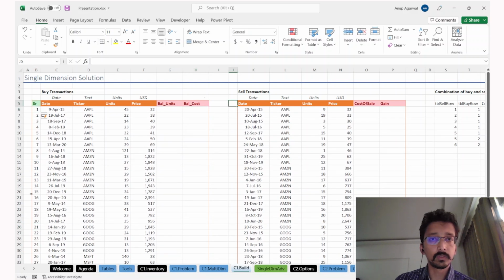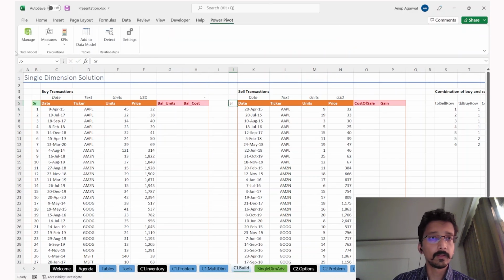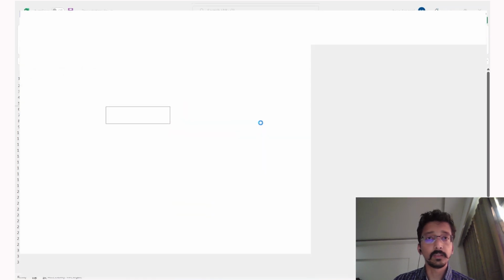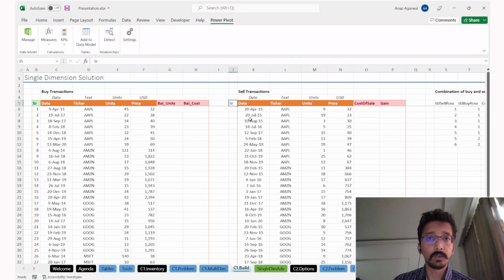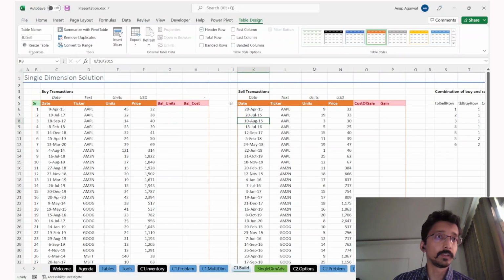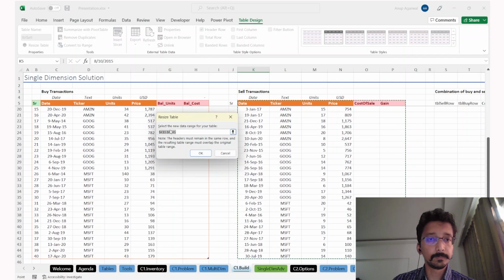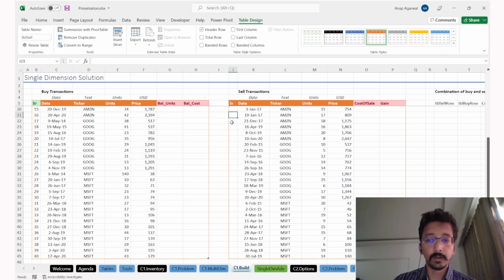And now I do the same thing over here. Let's say this time I type the header first. Yeah, that was a mistake. I didn't want to click on the Power Pivot window. I wanted to click on the table design window. Resize table, include the column J in the definition of the table, and then write the same formula.